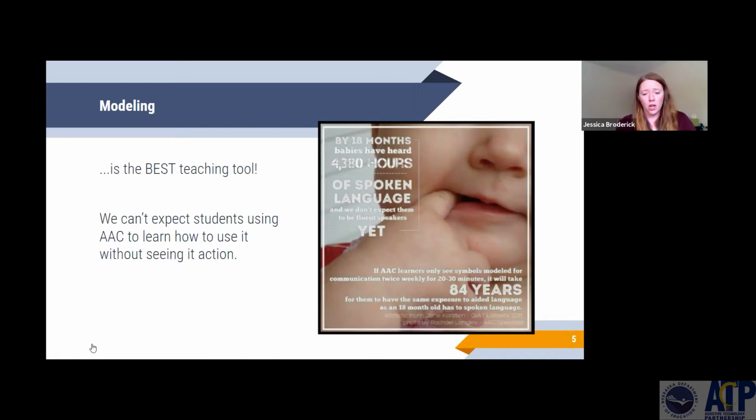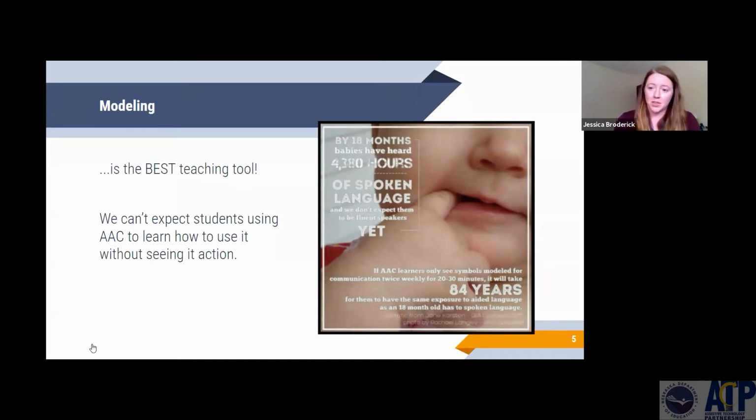By that same token, if our kids using AAC only see those symbols modeled to them, so our model language or our spoken language in this case is us modeling those symbols and how we're using that, if they only see that twice a week for 20 to 30 minutes, which is a typical speech therapy session, it will take them 84 years to have the same exposure to aided language as that 18-month-old has to spoken language. That is one of the biggest reasons this is so important: we have to totally immerse them in the language that we expect them to be using.